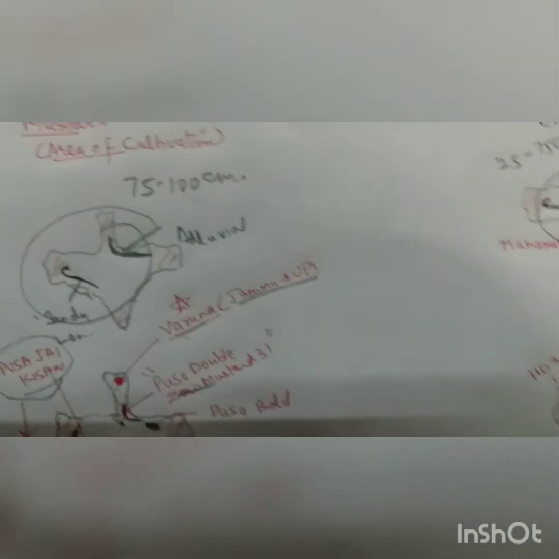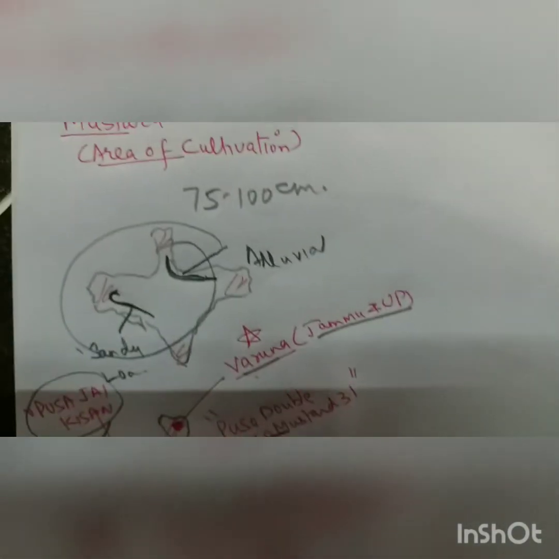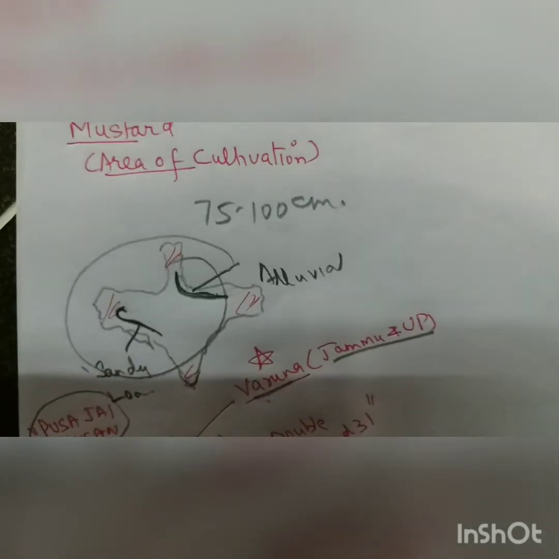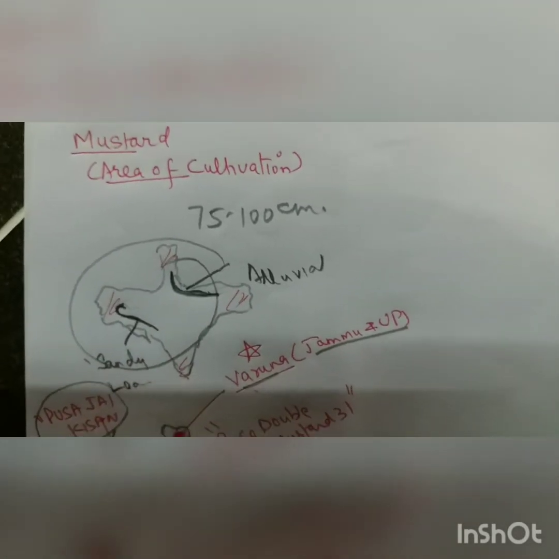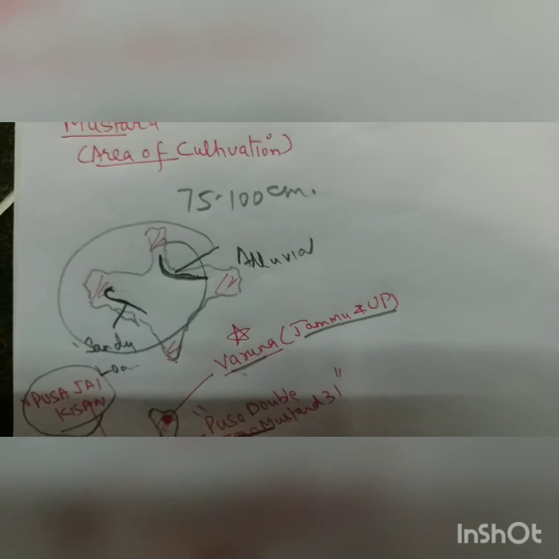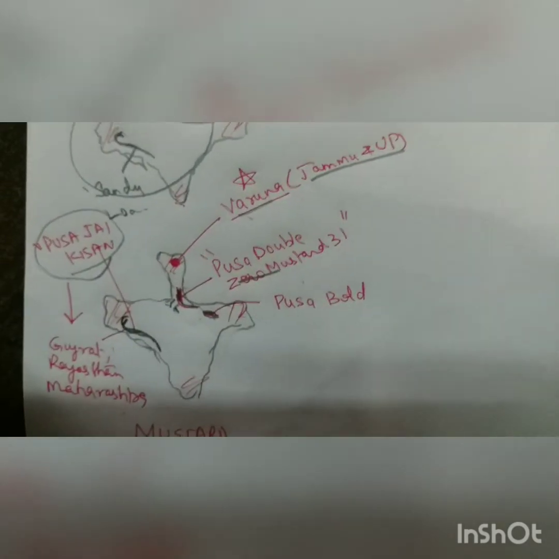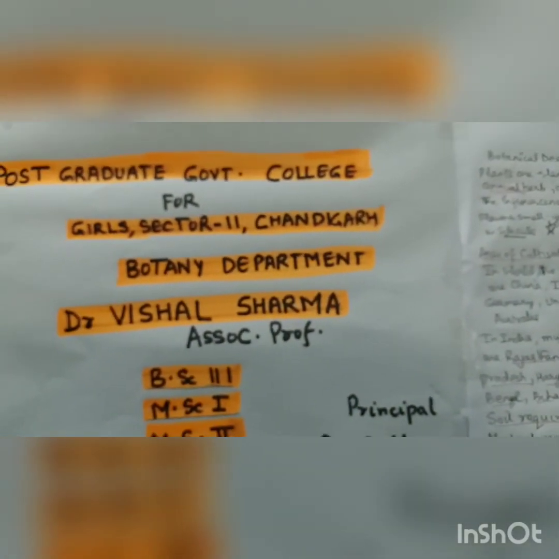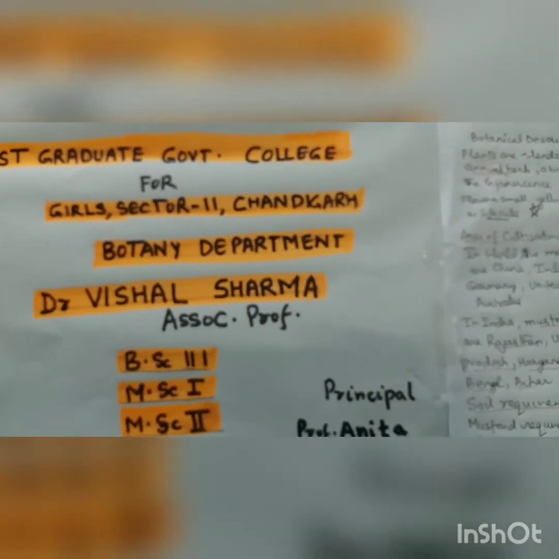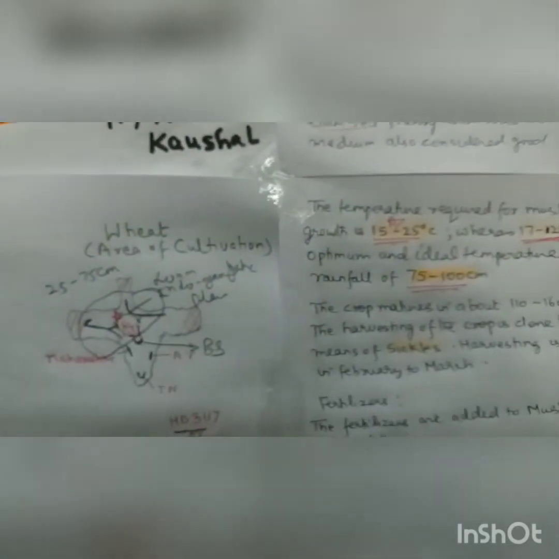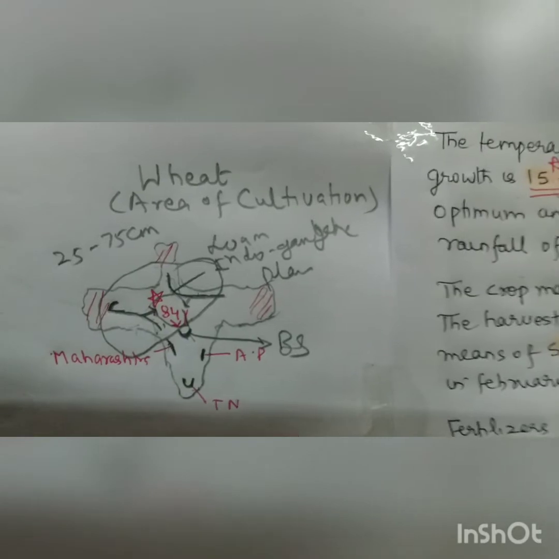So now I finish with the area of cultivation of this mustard. You must be having one question, and I guess I told you earlier also. Then we have the area of cultivation of the different varieties. So I will wind up with the revision of wheat. This is the area of wheat, and the wheat area is very important.